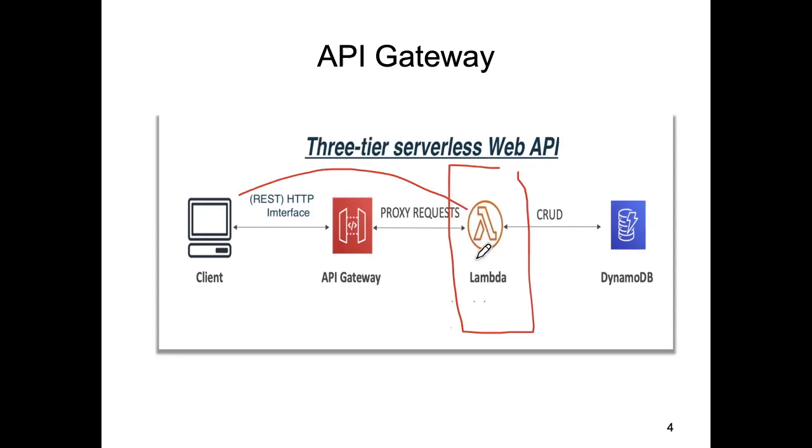But if you've got many lambdas, then you can't really follow that approach, because each lambda will have its own unique URL, and that's a little bit more difficult to manage. Whereas when you introduce API Gateway, you now have a single point of entry. So in a sense, you've got only one URL to deal with from your client's point of view.